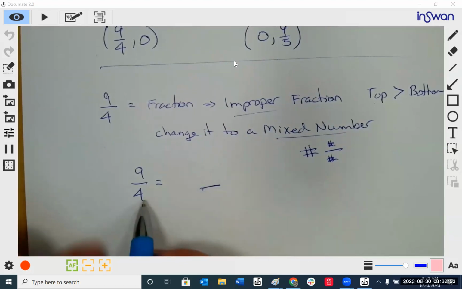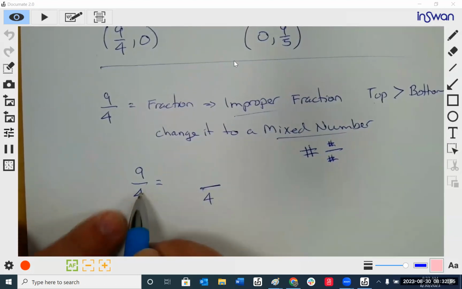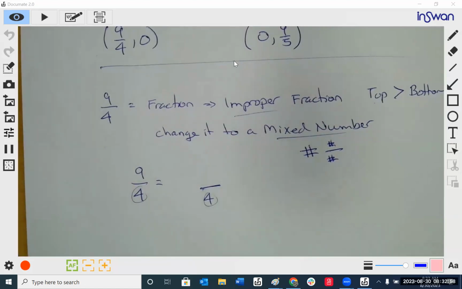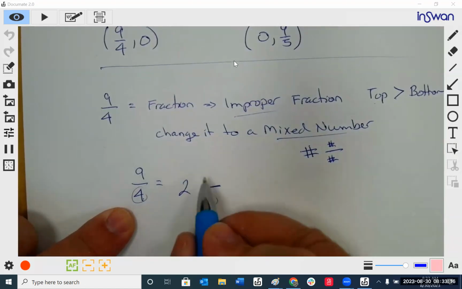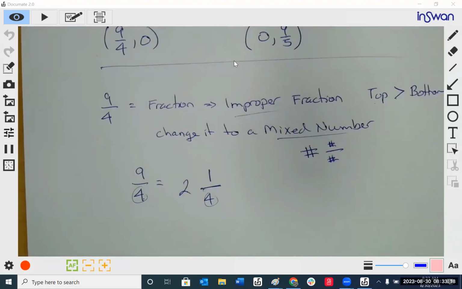The bottom number in your answer is going to be the same, so that's given to us. What we have to do is figure out how many times the bottom number fits into the top. 2 times. 4 times 2 is 8. So how many is left over? And that's how you do it. Now you have a mixed number, which is an integer with a proper fraction.